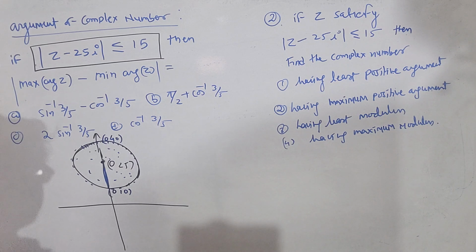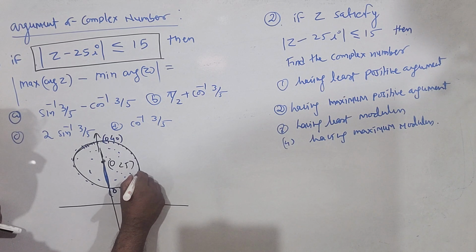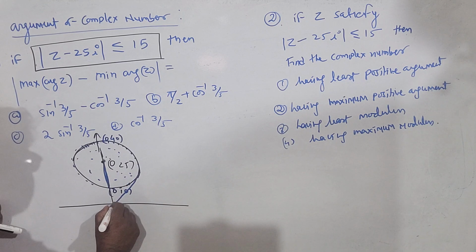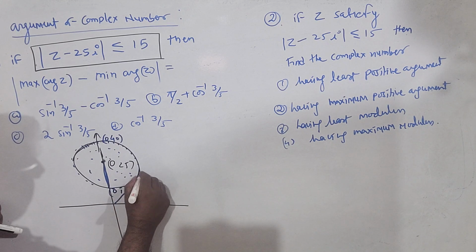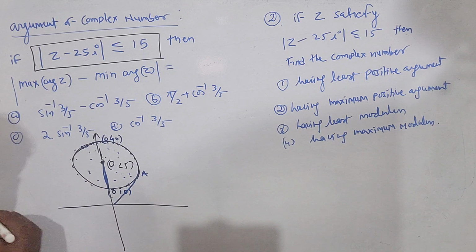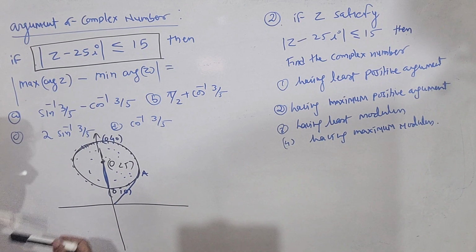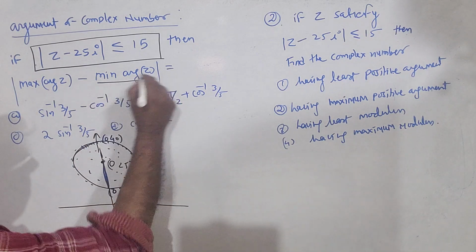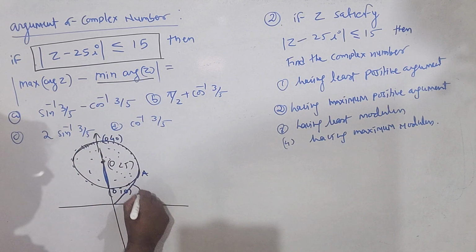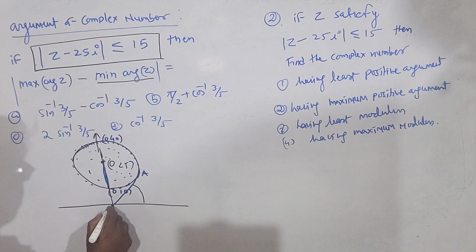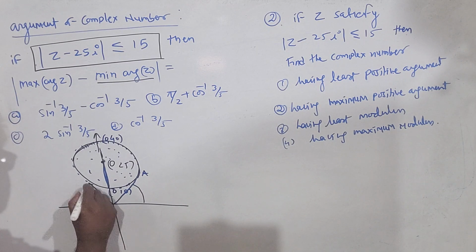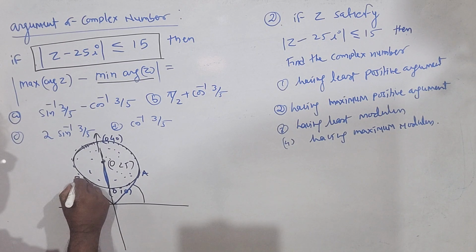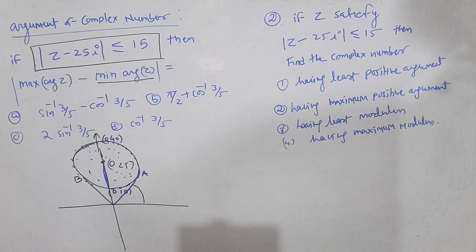Now if I say that z is lying over here, say this point is A, this z has the minimum argument. So this is the argument of this z, and if z is lying over here, that is B, then this z has the maximum argument. This point is very clear.